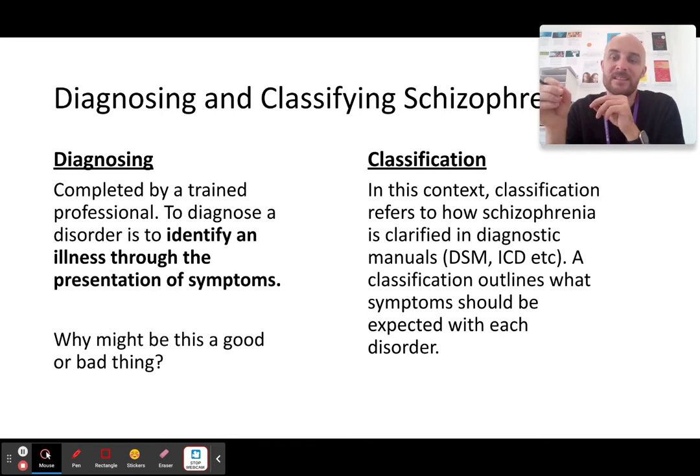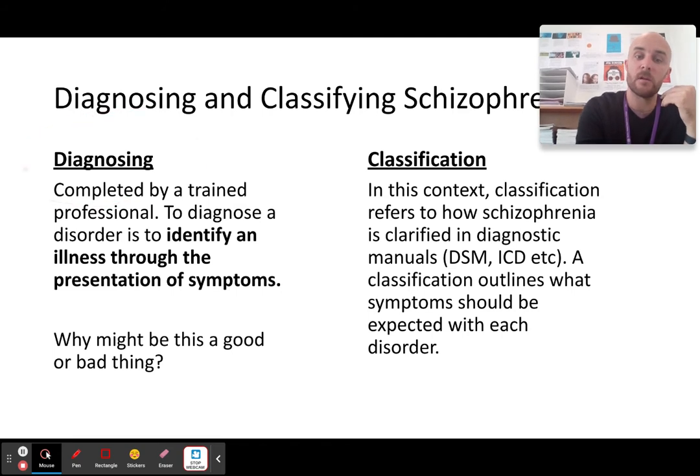Classification is what the DSM is. The DSM outlines what symptoms should be expected with each disorder. So you need to know the difference. Now, you diagnose through the classification, so there is a little bit of overlap, but you also need to know the difference between them. We need to know the validity and the reliability of this, and the validity and the reliability of this, and what increases and decreases both the reliability and the validity of both of them.